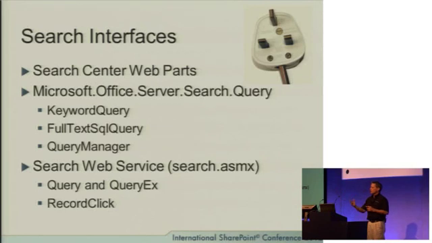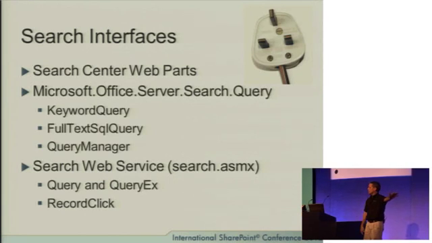SharePoint does that in the Search Center by default through the regular search web parts. It calls a RecordClick method. If you call this RecordClick method from your own disconnected application, you will also be influencing the future results, the future relevance of those documents that people are accessing. So pretty cool interfaces.